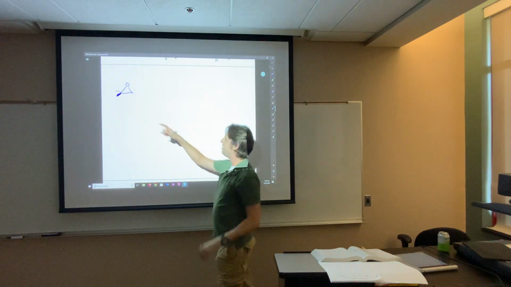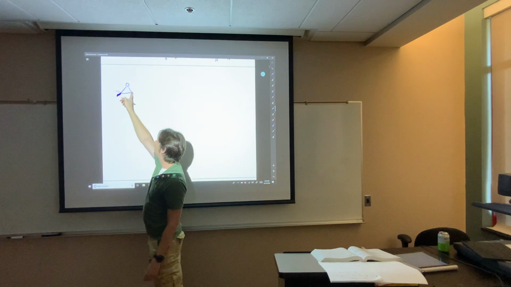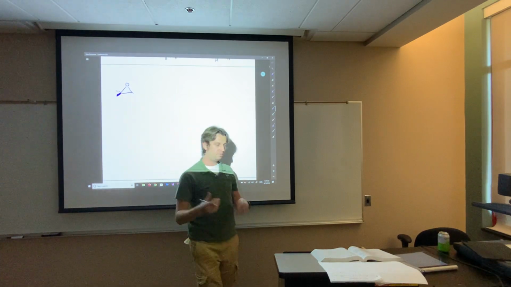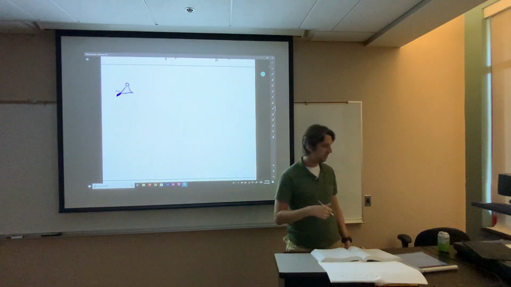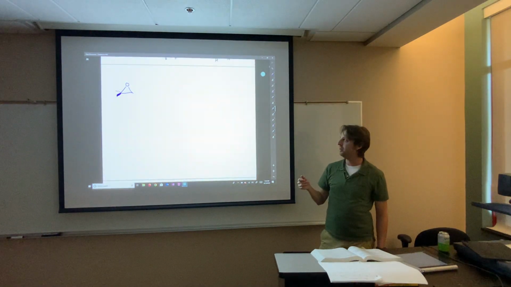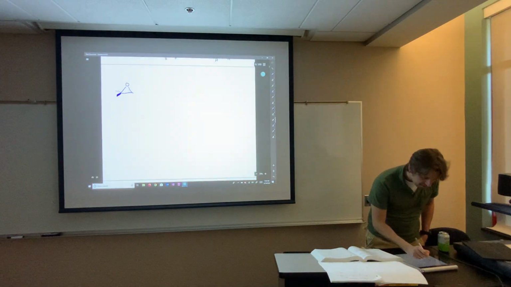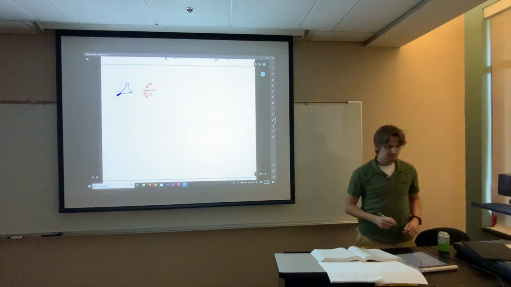So now we have an asymmetric epoxide. We've got a carbon here and a carbon here. That one's got other carbons coming off it, so we've got a quaternary carbon there, a tertiary carbon, and then the other one's a primary carbon there, okay? Same idea. Let's add H plus and H2O.